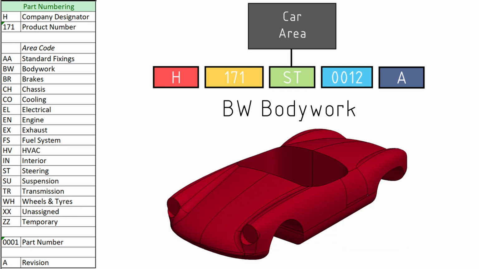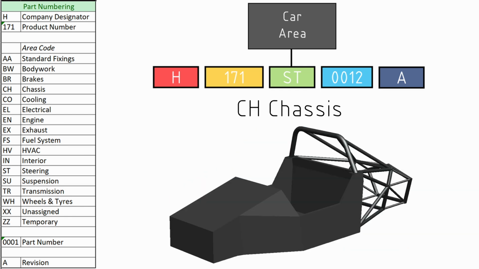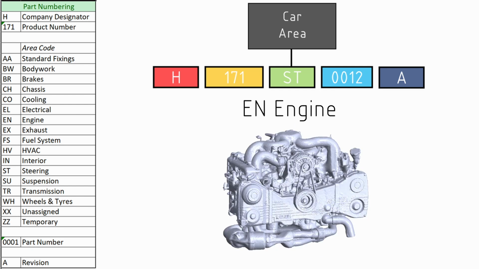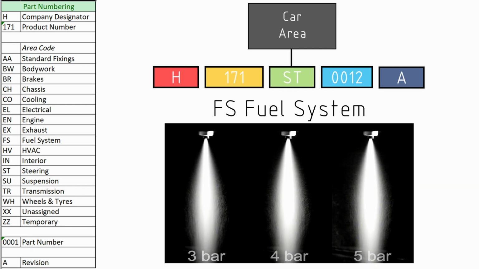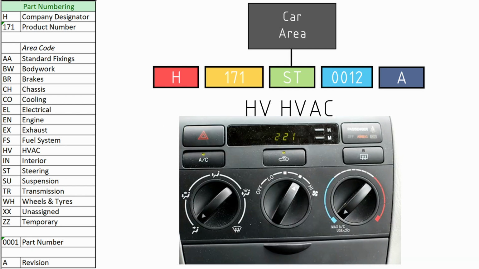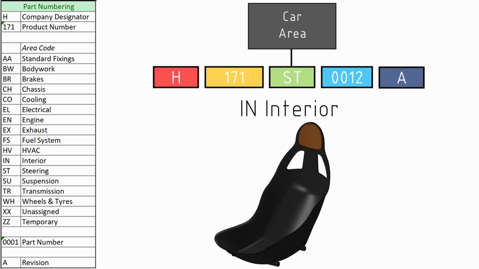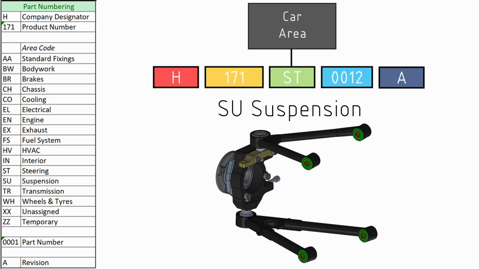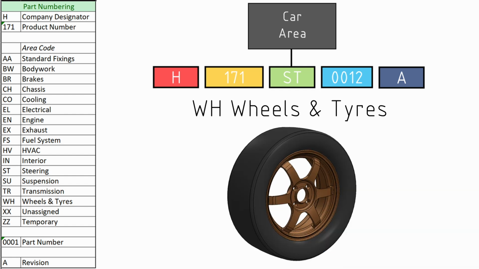And then we have bodywork, brakes, chassis, cooling, electrical, engine, exhaust, fuel system. Then we have heating, ventilation, and air conditioning. Not entirely sure what we're going to be doing in that space in this car, but it's good to lay that out as a separate area to start with. Then interior, steering, suspension, transmission, and wheels and tires.